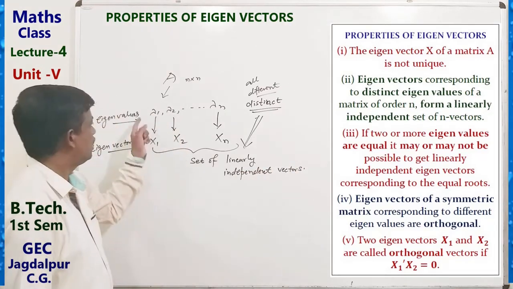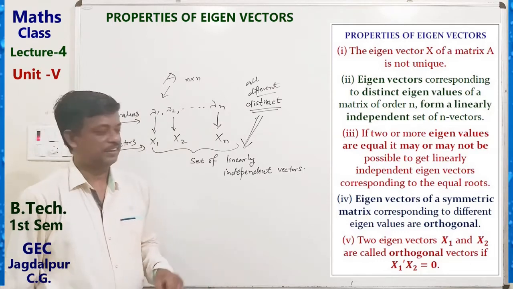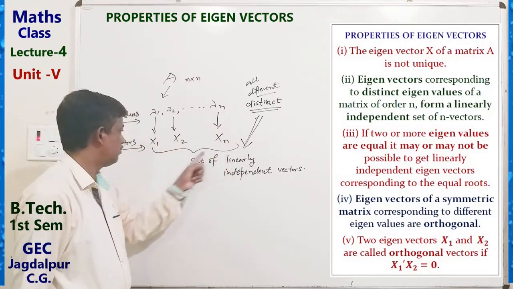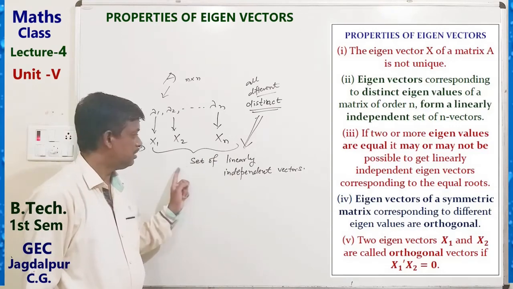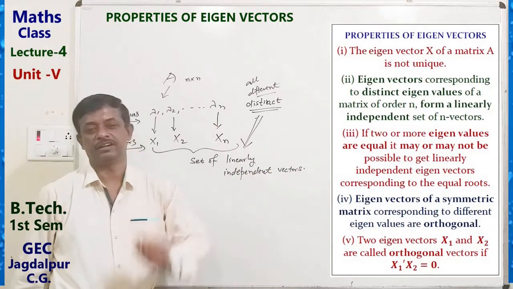If all the eigenvalues are distinct, then these eigenvectors will be linearly independent.